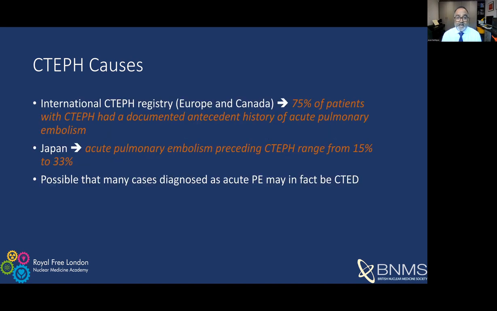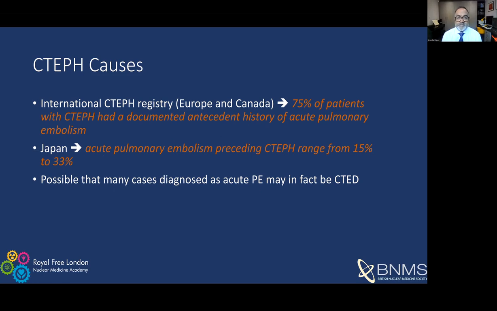It's not really clear what causes CTEPH. Data from the International CTEPH Registry, which includes multiple centers from Europe and Canada, show that 75% of patients with CTEPH had a documented preceding history of acute pulmonary embolism. However, similar data from a registry in Japan shows that only 15 to 33% of patients with CTEPH had a preceding history of acute pulmonary embolism.